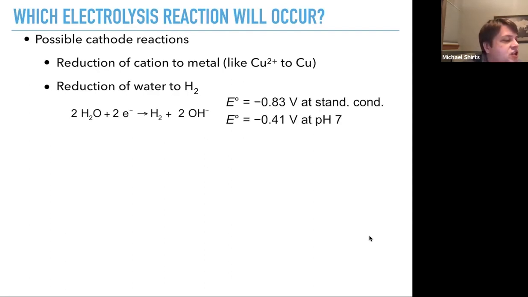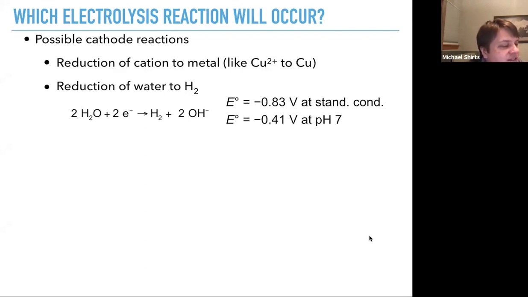And another thing to note is that when we talk about standard potentials, you're not always at standard conditions. Standard conditions assume that you have 1 molar reactants. Now look, in this reaction, you've got OH minus. So 1 molar reactant would assume that this reaction has a reduction potential of minus 0.83 at standard conditions.